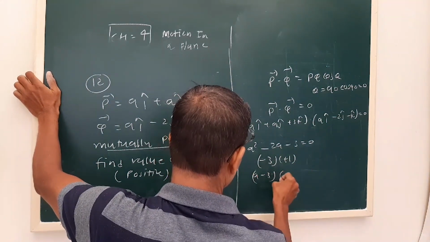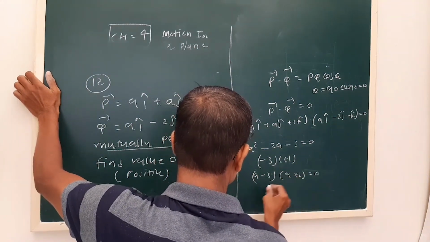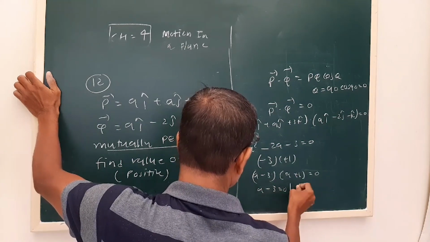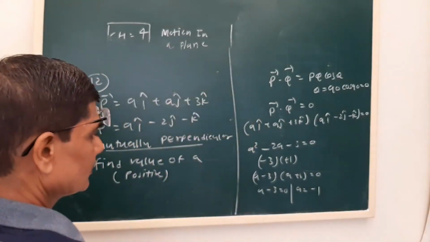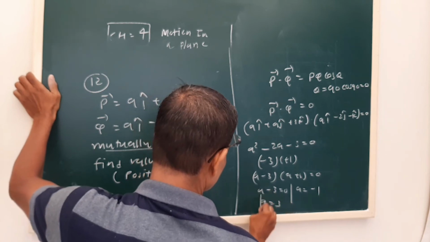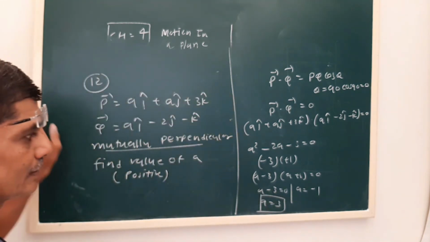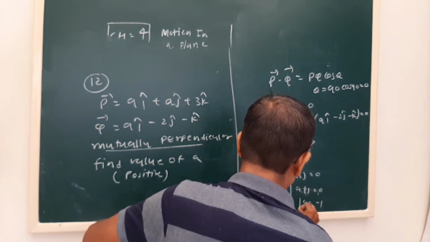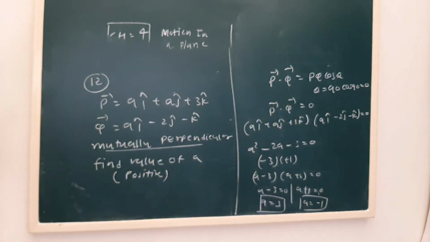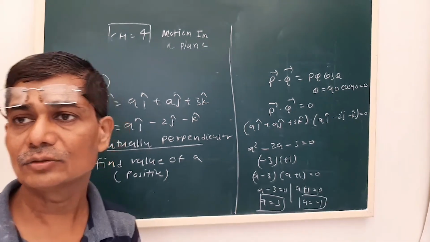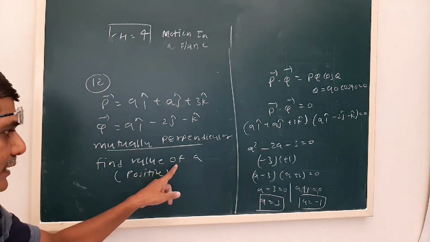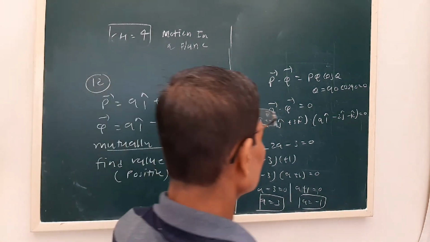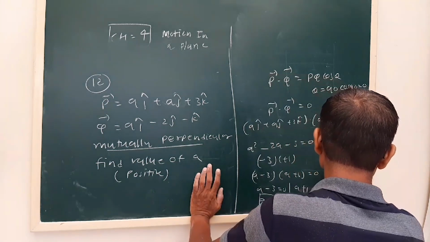A minus 3, A plus 1 is 0, A minus 3 is 0. Okay, so A is equal to 3. So we have got two values. A is equal to 3 and A is equal to minus 1. But see, the question says we have to take the positive value. So our answer will be A equal to 3.